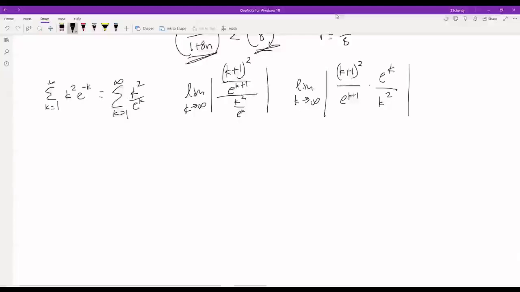And then from here, we can see that this e to the k plus 1 is really just e to the k times e to the 1, so the e to the k part will cancel with this e to the k, and we're just left with e to the 1 on the bottom. So that equals the limit as k approaches infinity of the absolute value of k plus 1 squared over e times k squared.